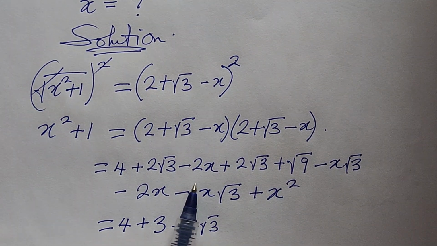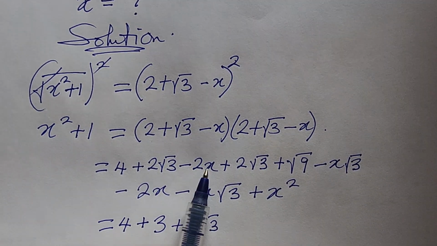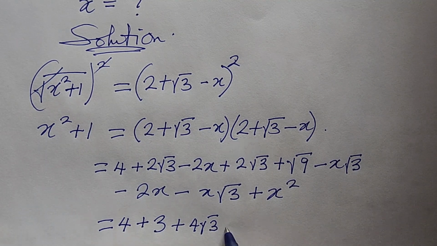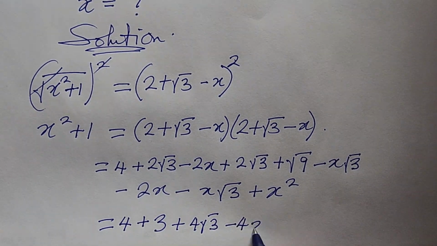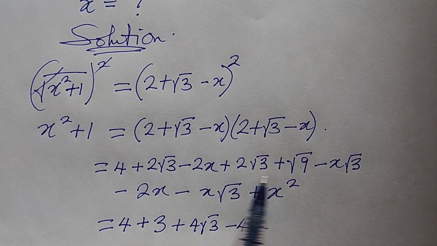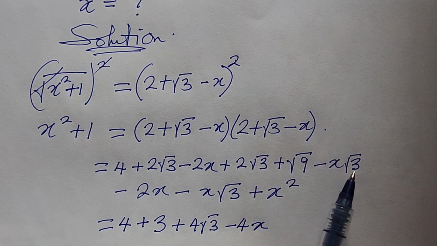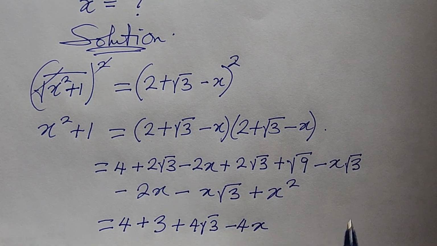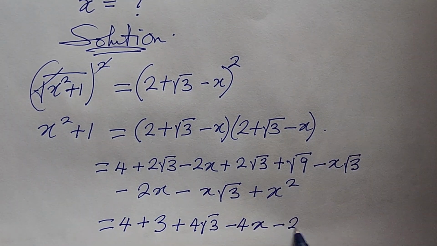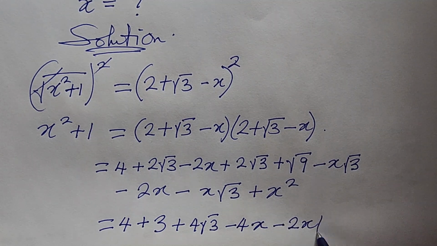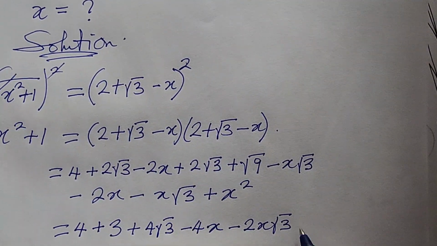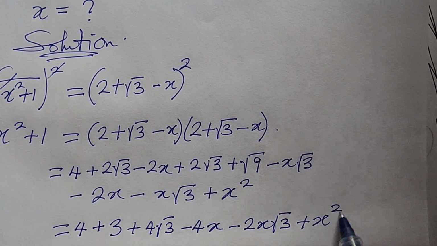Then we have our 2s, minus 2x minus 2x will give us minus 4x. Then minus x root 3 minus x root 3 will give us minus 2x root 3 plus our x to the power of 2.